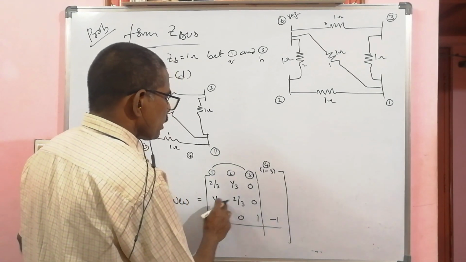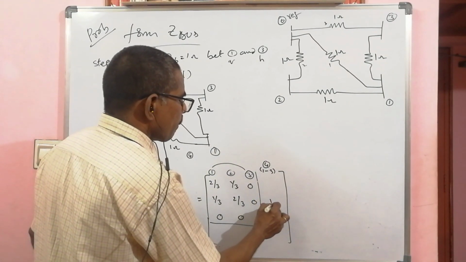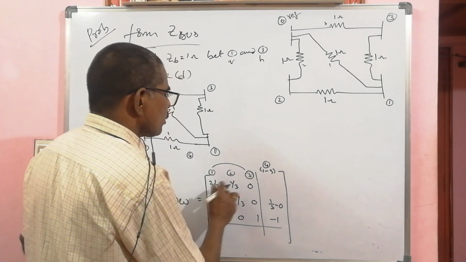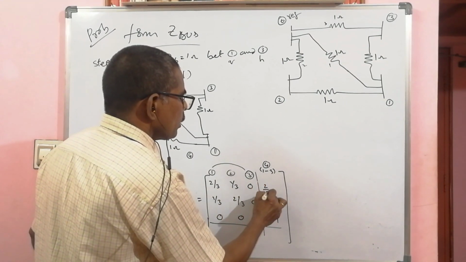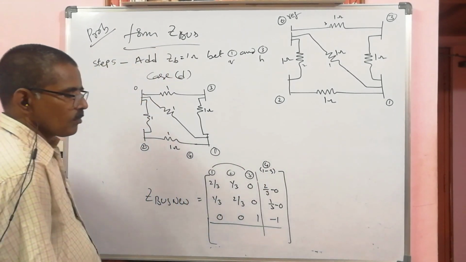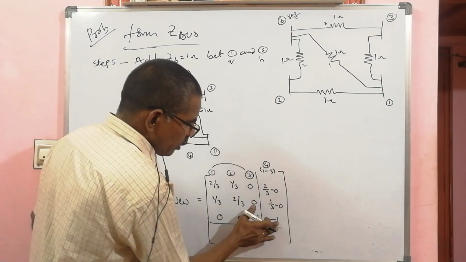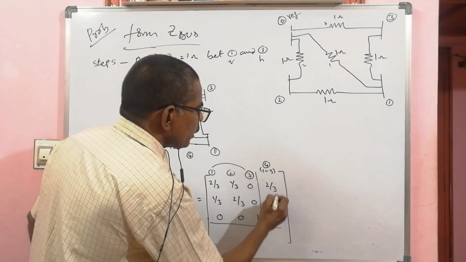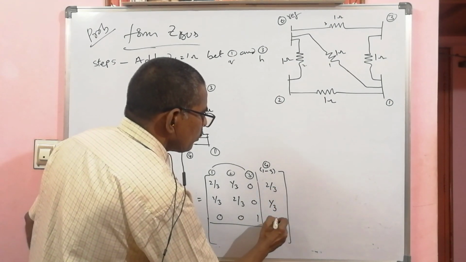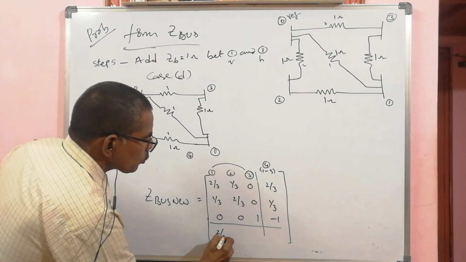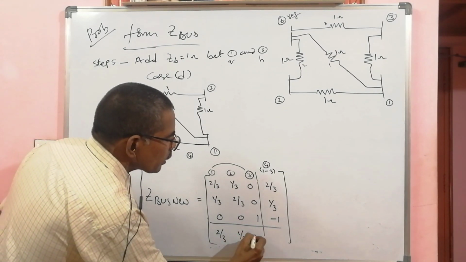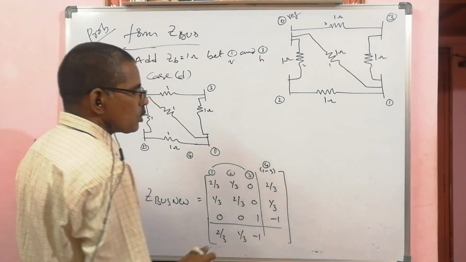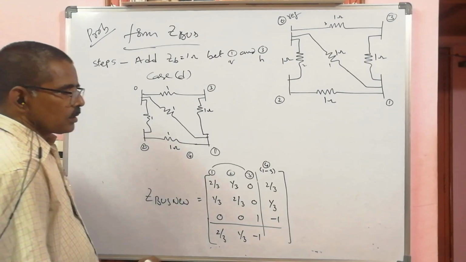So this is 0 minus 1, 1 by 3 minus 0, this is 2 by 3 minus 0. Okay, so which means 2 by 3, 1 by 3, minus 1. So this is 2 by 3, 1 by 3, minus 1. And what is this one?